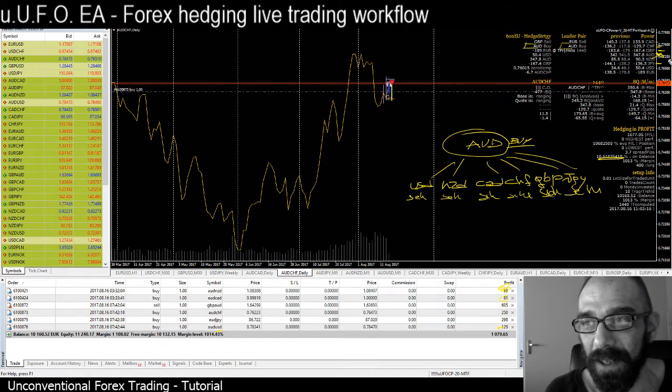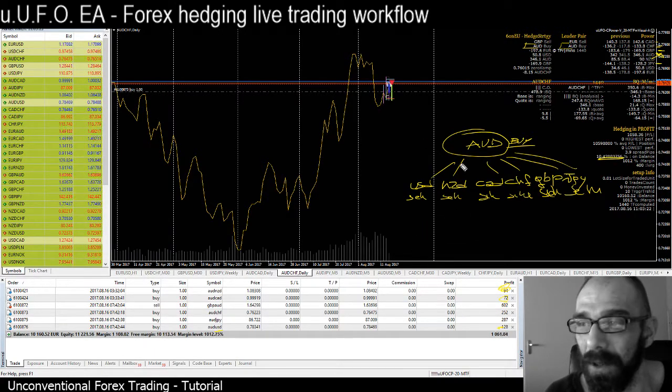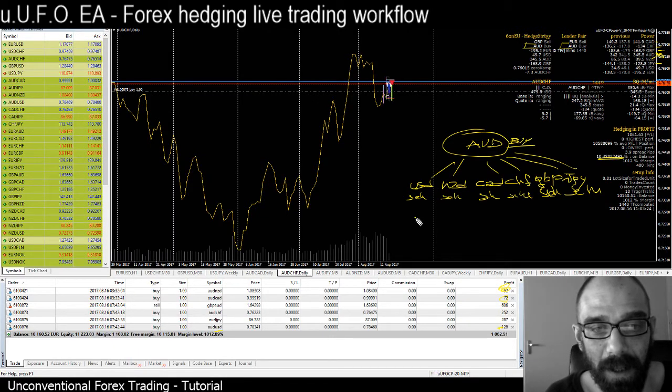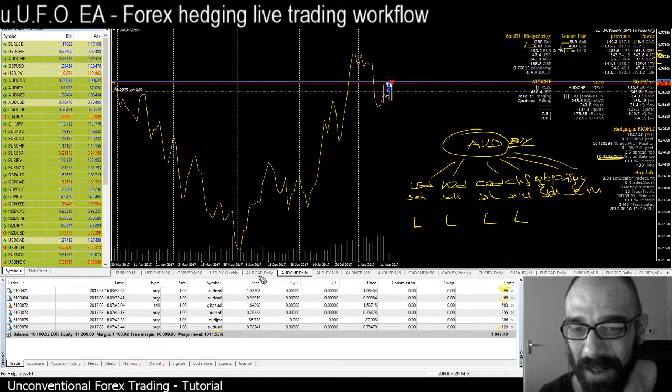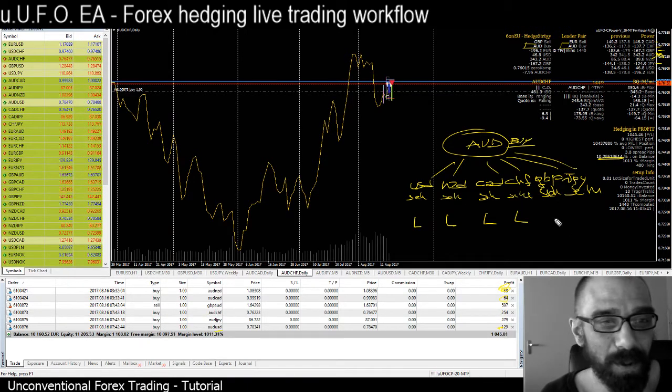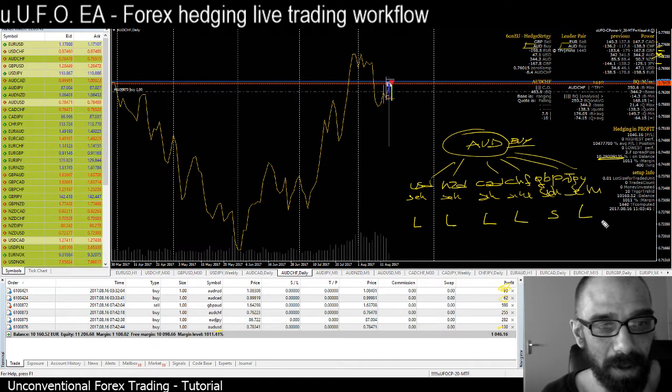It's not that difficult, it's all written here. You only have to rewrite the formula for today. Of course Australian dollar US dollar will be long. Australian dollar New Zealand dollar will be long. Australian dollar CAD will be long. Australian dollar Swiss franc will be long. Australian dollar GBP, no, it is GBP Australian dollar, in this case we have to go short, and Australian dollar Japanese yen we go long.